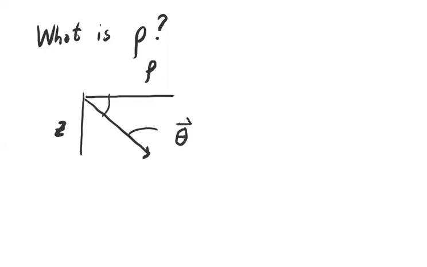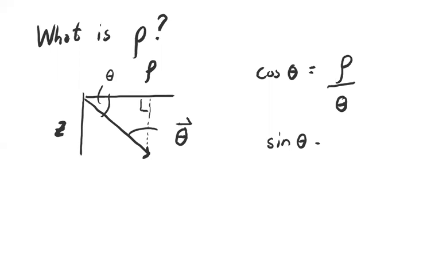This is the angle theta. And I can use this time-worn trick of creating a right triangle and using trigonometry. Namely, the cosine of theta is just the magnitude of rho divided by the magnitude of theta. And the sine of theta is just z divided by theta.